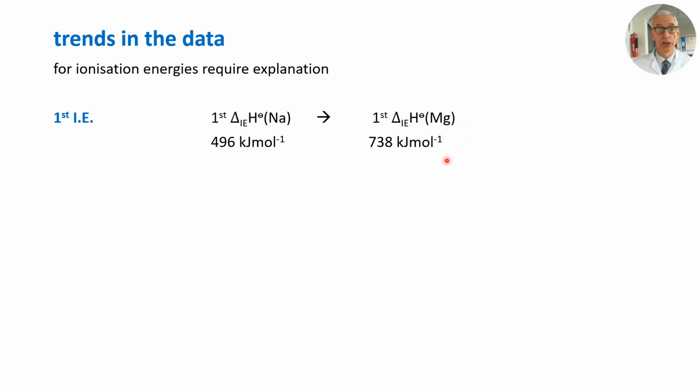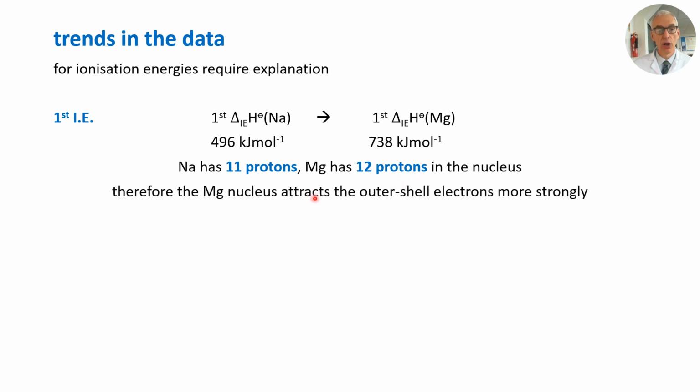Okay, so I'm going to reveal my explanation. Sodium has 11 protons in its nucleus, whereas magnesium has 12 protons, and therefore the magnesium nucleus forms stronger attractions for the outer shell electrons than the sodium nucleus does for the sodium outer shell electrons.